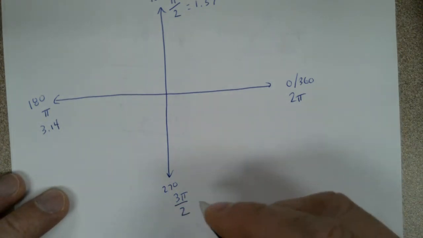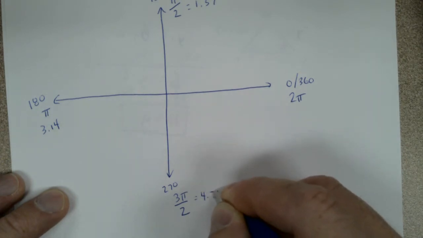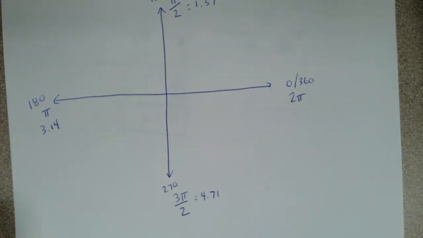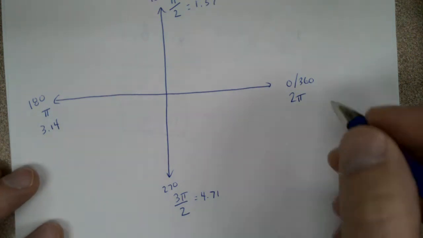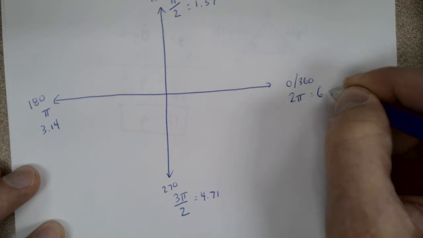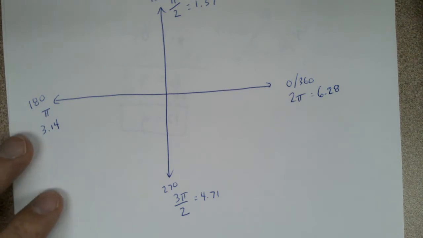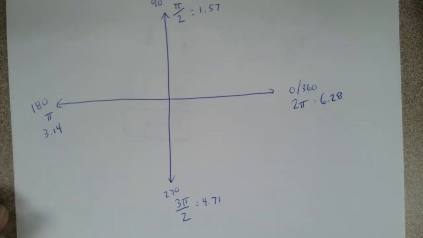If I'm putting in 3 pi over 2, that value would be about 4.71. And then if I'm doing 2 pi, we're looking at about 6.28. So that's the decimal form of our radians there.